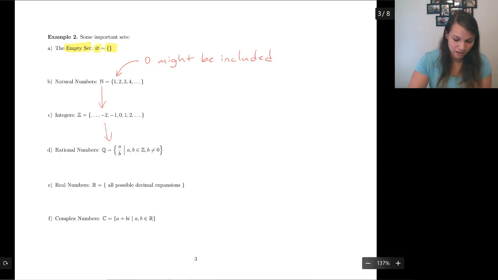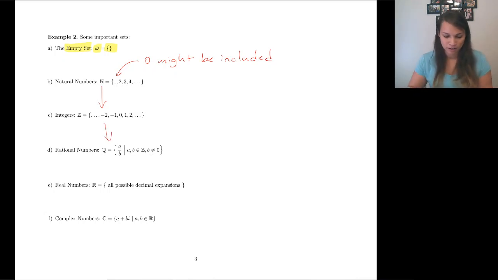Integers are a specific part of rational numbers, and rational numbers are a specific type of real number, and real numbers are a specific type of complex number because nothing is stopping b right here from being 0. So if b is 0, then we have all of the real numbers, and when b is not 0, that's what we typically think of when we think complex numbers.